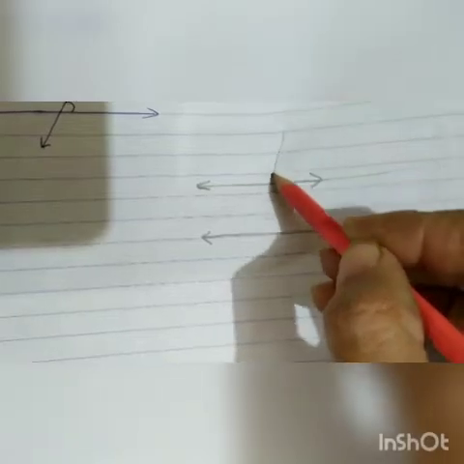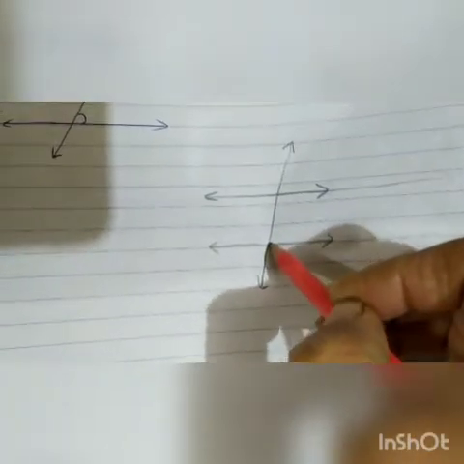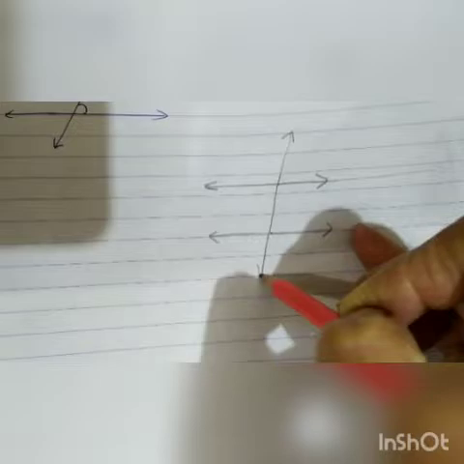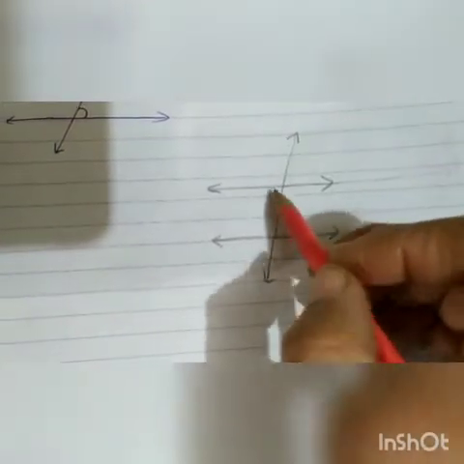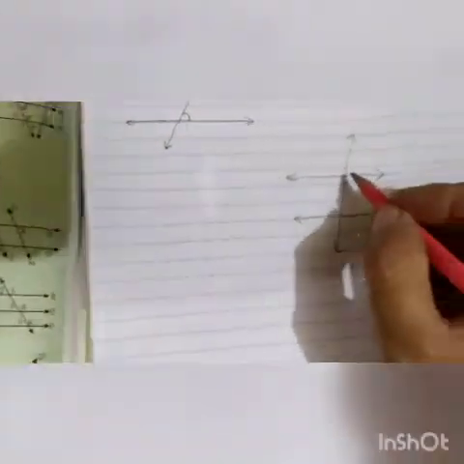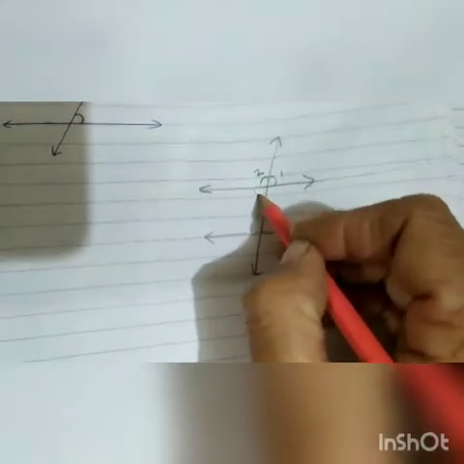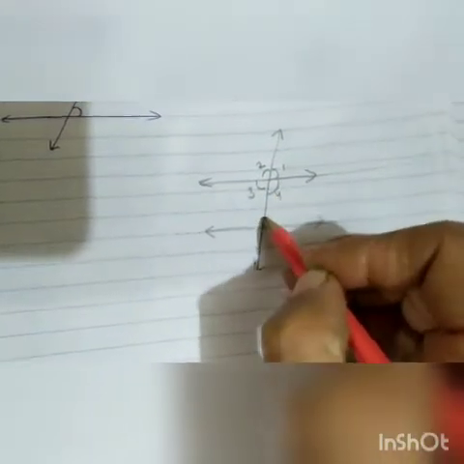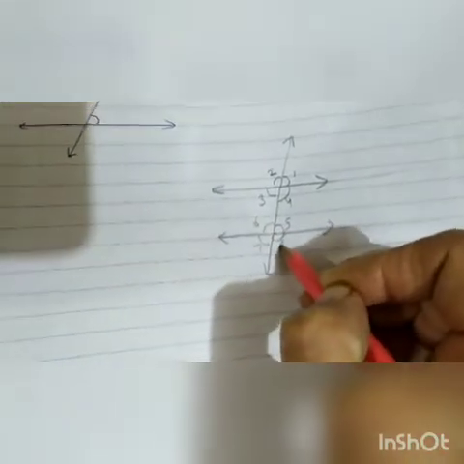And if a third line intersects these two parallel lines at two different points, then this line is known as a transversal line, and this transversal line and these two parallel lines form 8 angles. This is angle 1, angle 2, angle 3, angle 4, angle 5, angle 6, angle 7, angle 8.